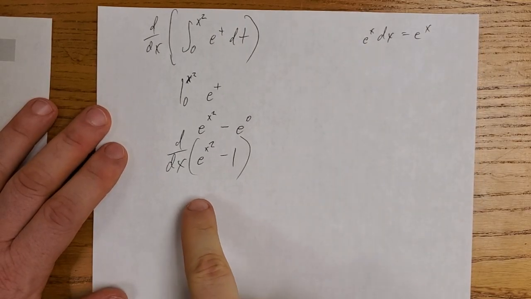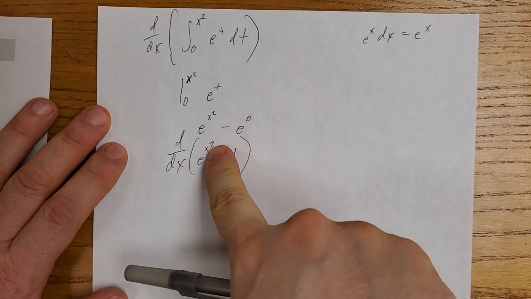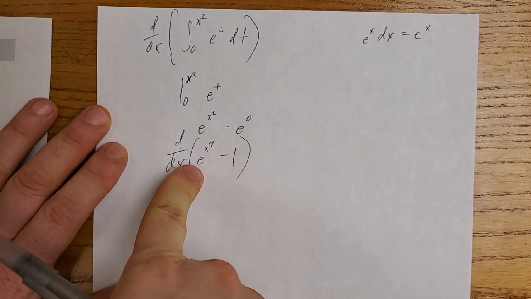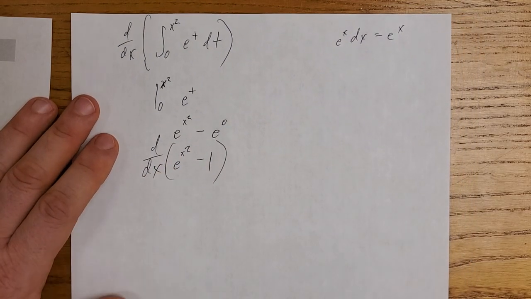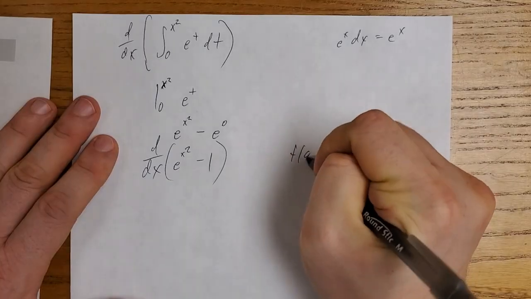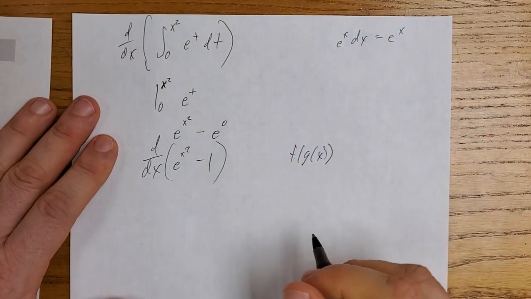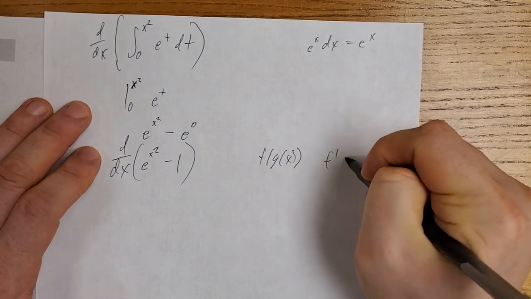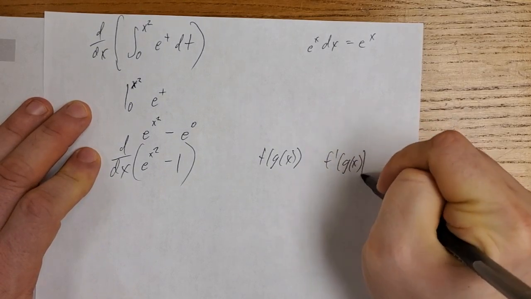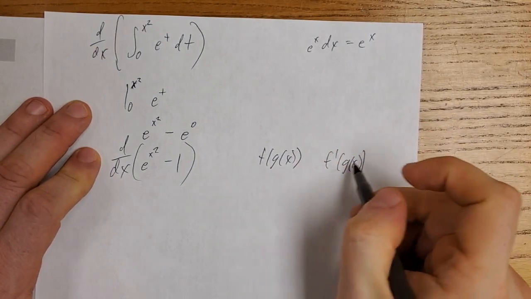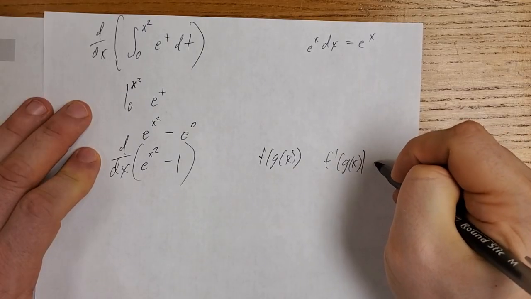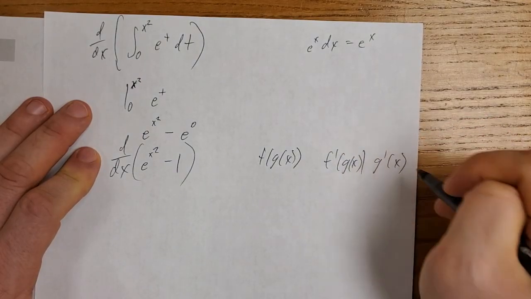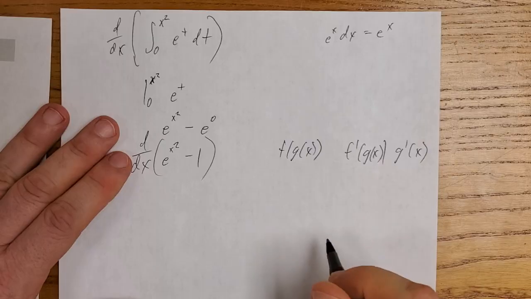We're going to use the chain rule because we have an x squared inside of another function. So if we think of the chain rule where f of g of x, the derivative of that is f prime of g of x, times the derivative of g of x.